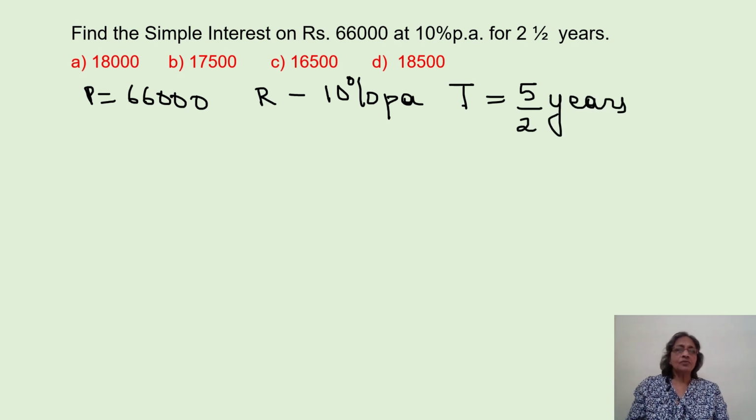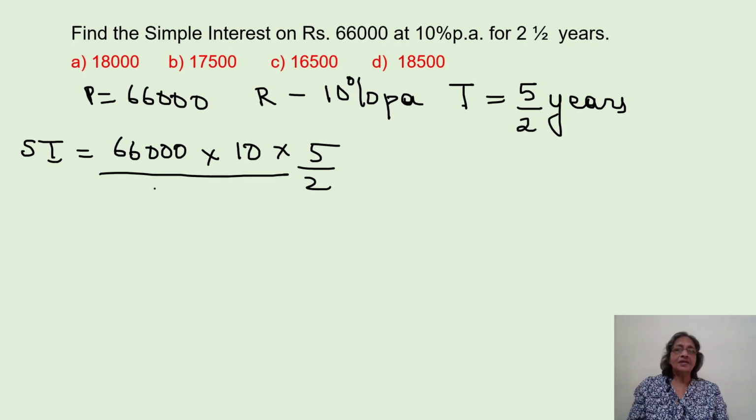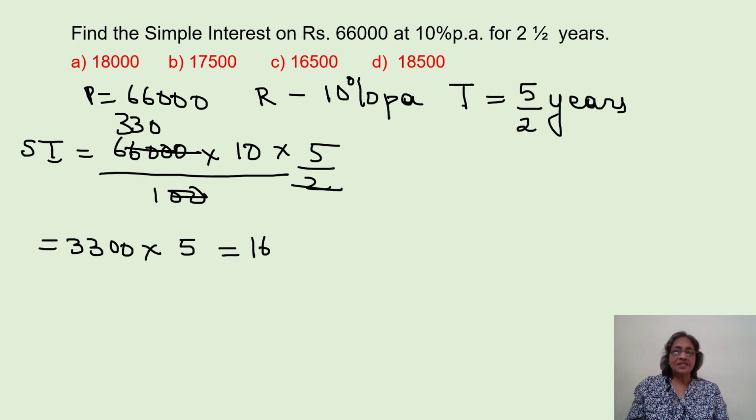So let's see what we can do. Some of you would like to do it by the formula. So principal into rate into the time period, the whole thing divided by 100. And let's see. So this would be 3300 into 5, which is 16,500.